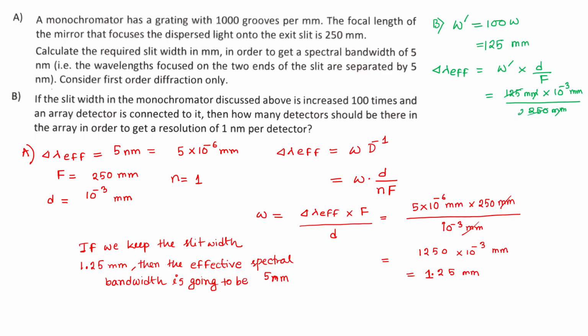This is 2. It is going to be actually 500 nanometer, delta lambda effective. So much. So what is the question? Then, if an array detector is connected to it, how many detectors should be there in the array in order to get a resolution of 1 nanometer per detector?